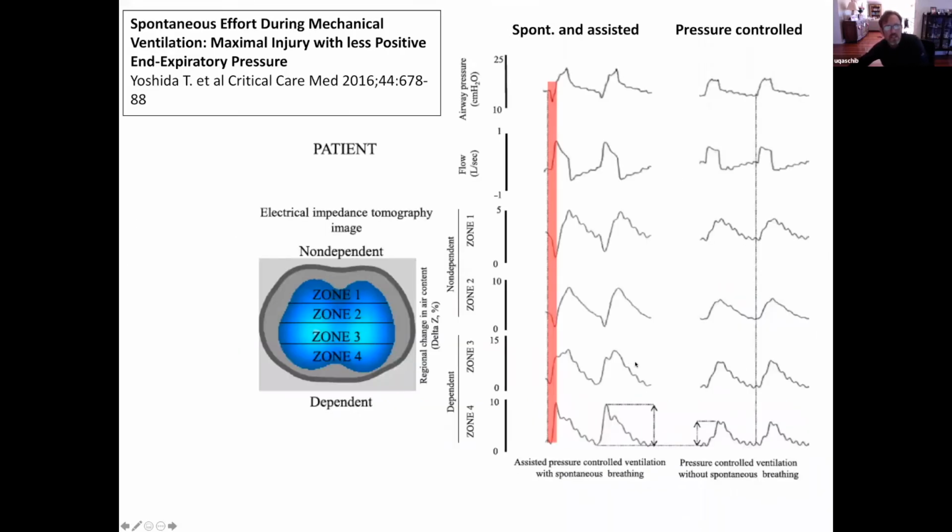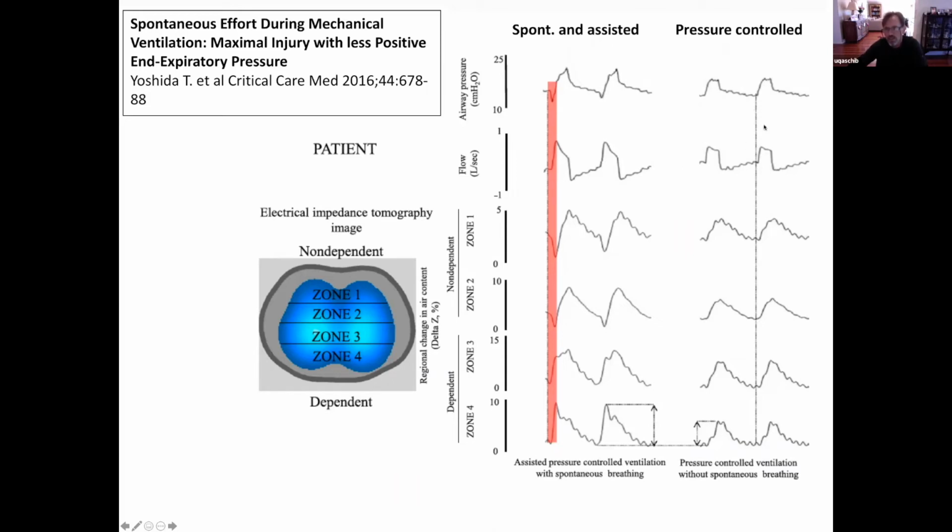But nevertheless, in a very nice study done by Yoshida a few years ago, he showed the difference between assisted ventilation, where the diaphragm is working, and pressure-controlled ventilation, where the diaphragm is not working.